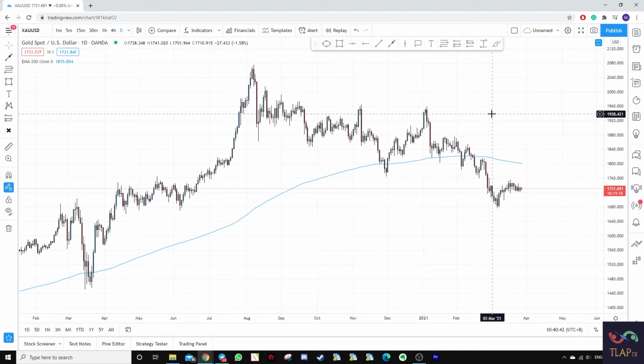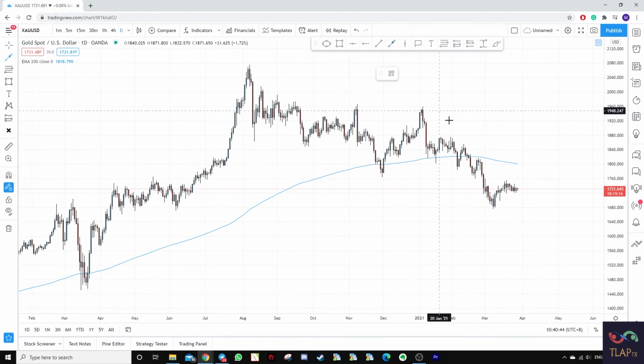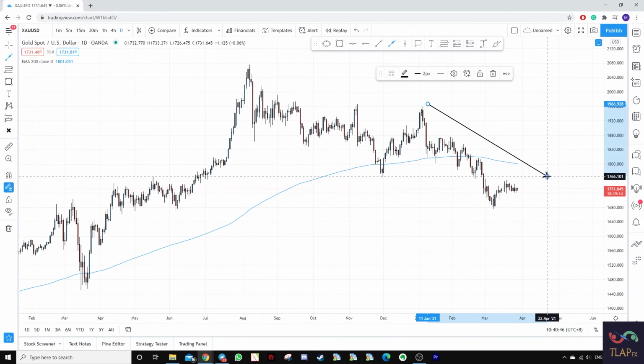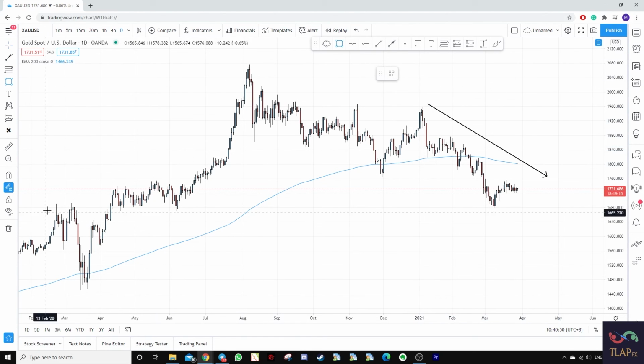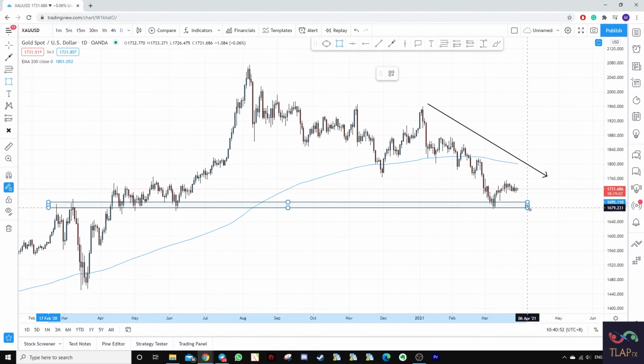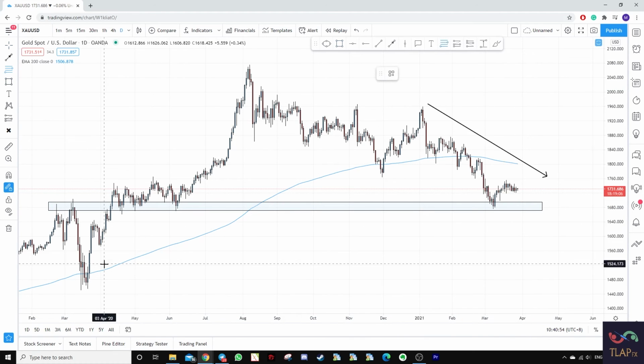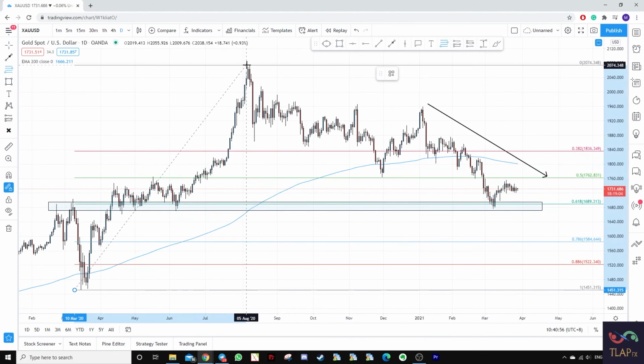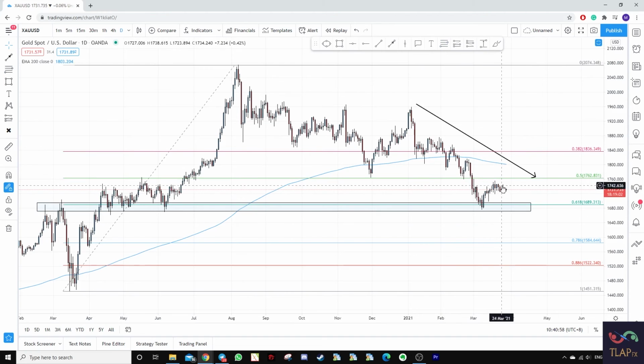Lastly, the projection for gold has been downtrend ever since 1960. And over here we have a zone, a really strong zone with the 618 Fibonacci retracement level. And we do expect some bounce over here.